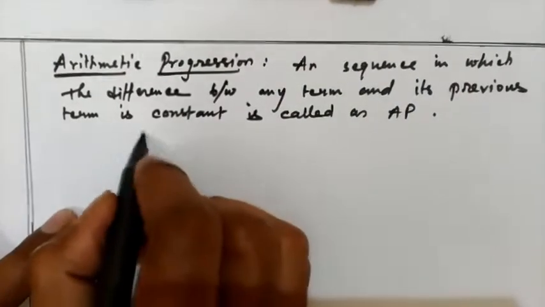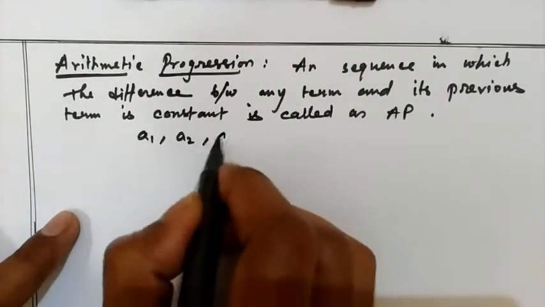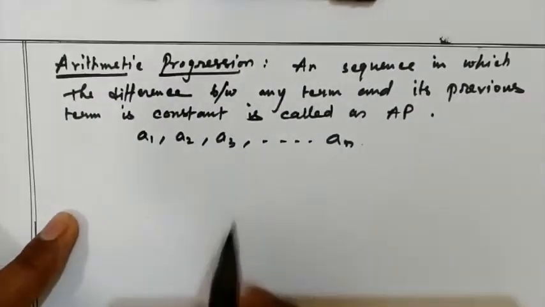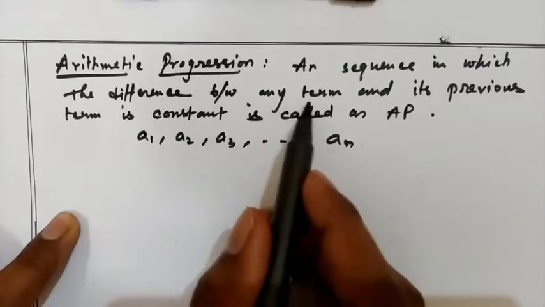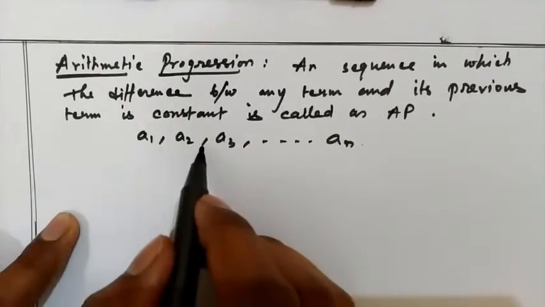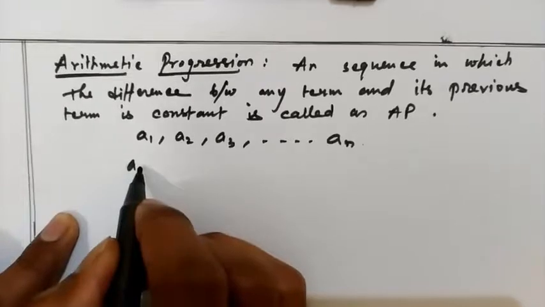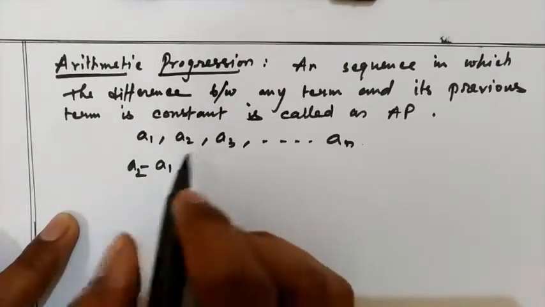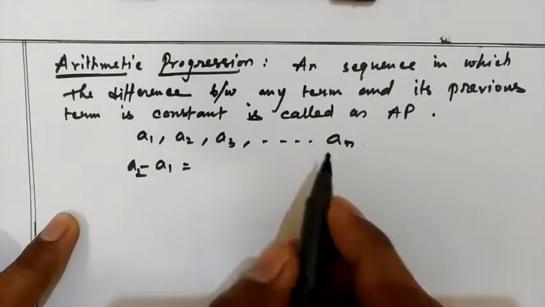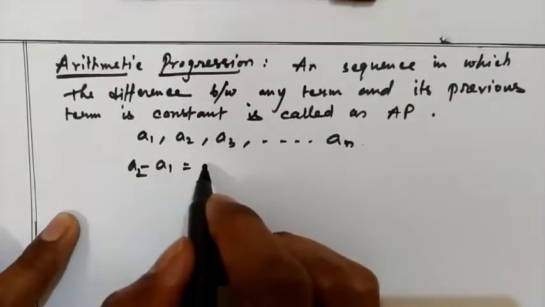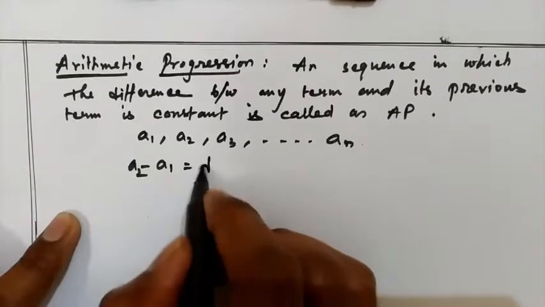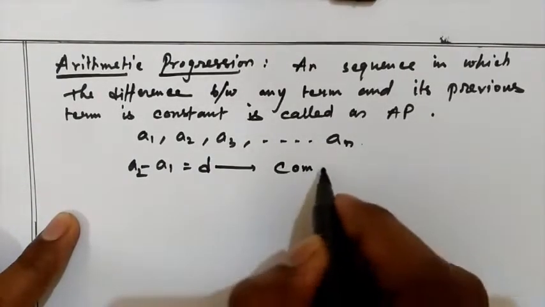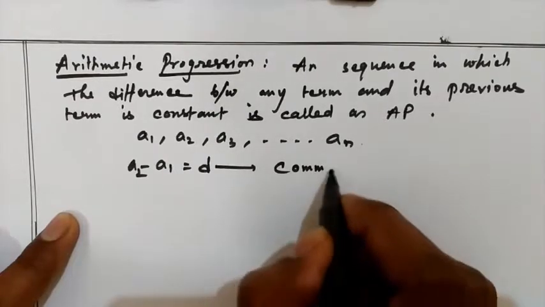Suppose a sequence is given: A1, A2, A3, ..., An. Then the difference between any term and its previous term, suppose A2 minus A1, is constant. Suppose this constant is denoted by D, and this D is nothing but the common difference.